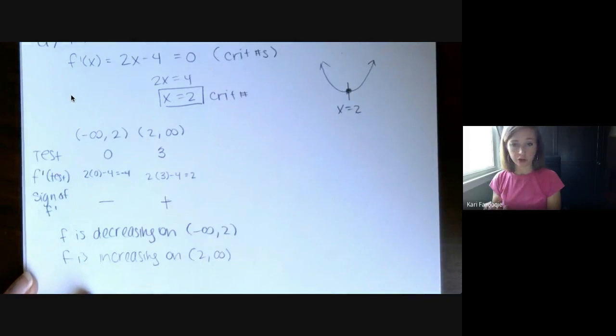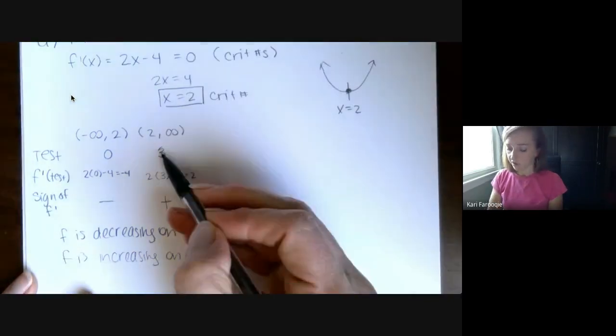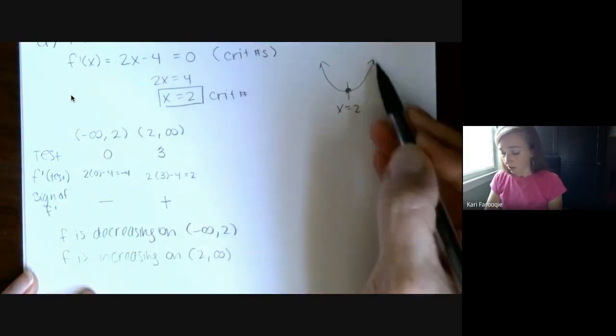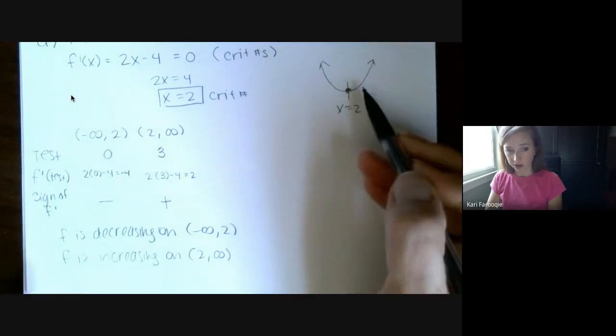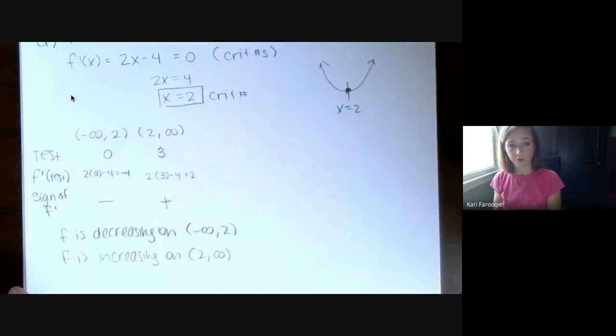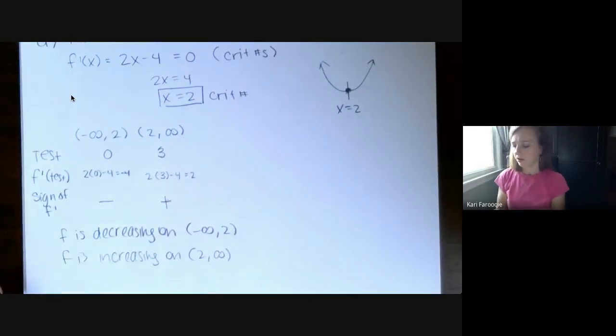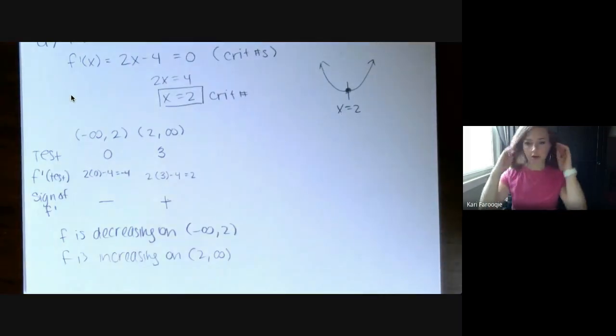Now, I know we only showed that with one test point, but whatever is happening anywhere to the right of 2 is going to be happening at every single value. You can test more if you want, but you'll be wasting your time. As long as your critical number is right, you don't have to worry. Just pick one test value on each side.